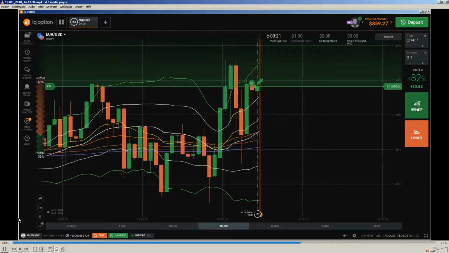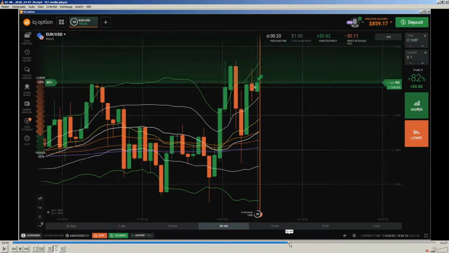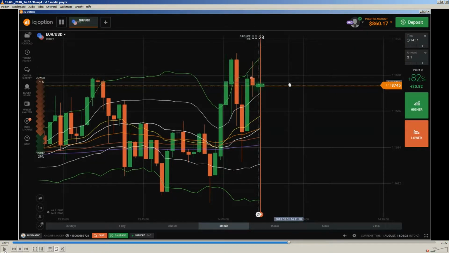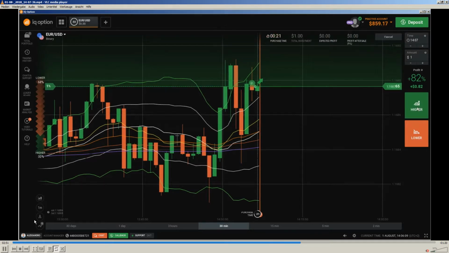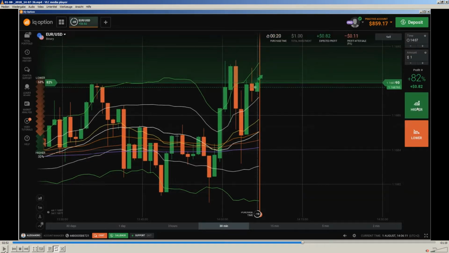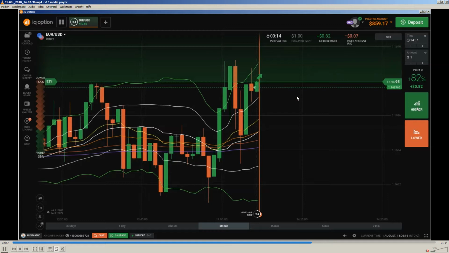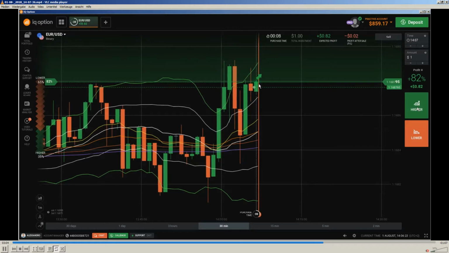You see I was waiting, putting the mouse over this higher button, but I didn't enter. I waited first for price to go lower, below the closing price of the previous candle, or the opening price of the previous candle, to get a margin of safety to get into a continuation trade. And this continuation trade was only done because we got price action on the left, and price had already shown that it would go up further.